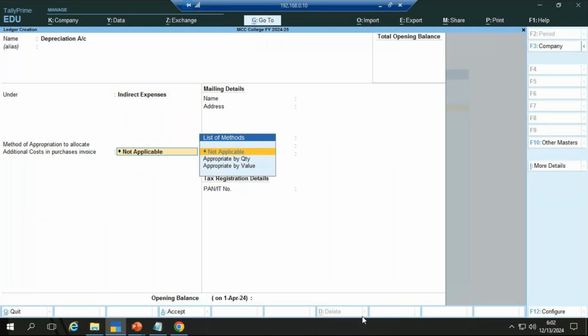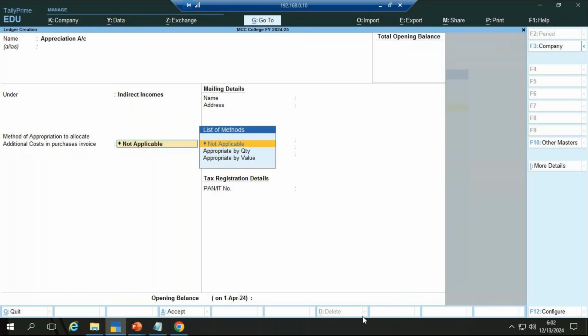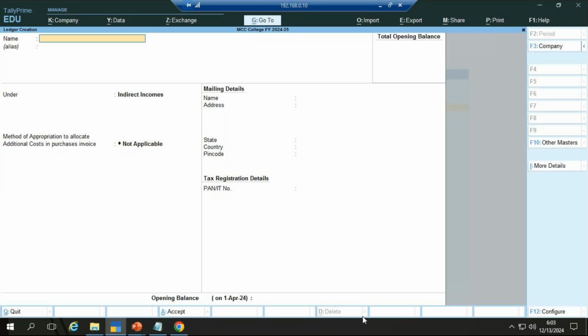Control A. Second one, appreciation account comes under indirect income. Control A.